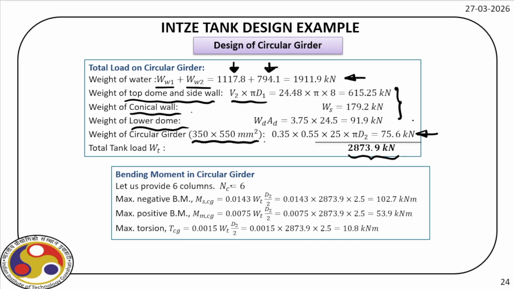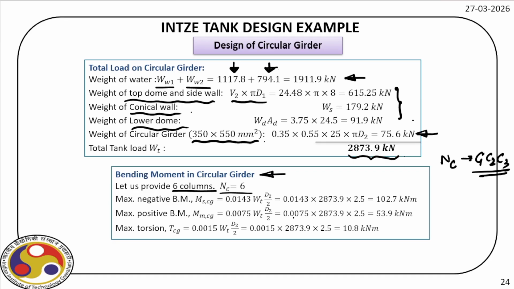Now, bending moment for the circular girder, we provide number of columns 6, that is NC equal to 6. Recall, in the previous lecture I showed you a table where for a given value of NC we can find out C1, C2, C3.